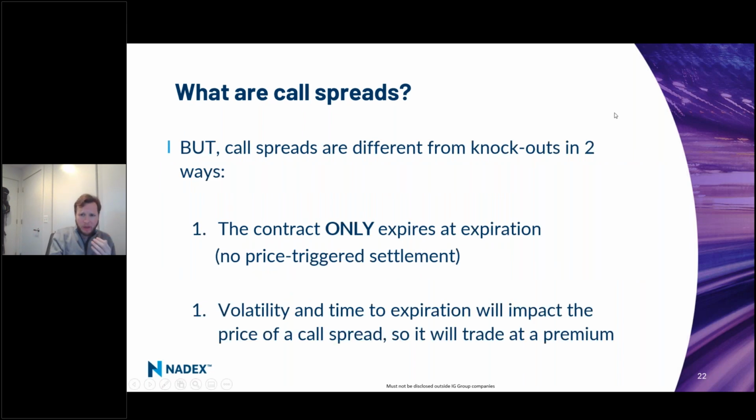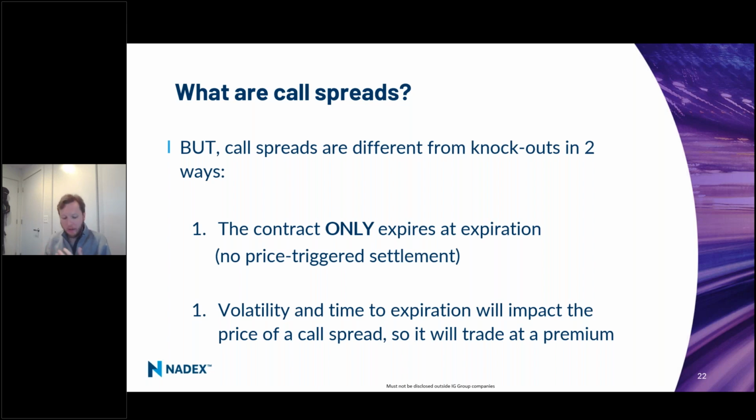So I'm talking about the differences before we get to the slide. It only triggers at expiration, and the volatility and the time to expiration are going to impact the price of the call spread. So that's why with the call spread it's not going to have that one-to-one exact movement with the underlying market, because you do have this optionality.